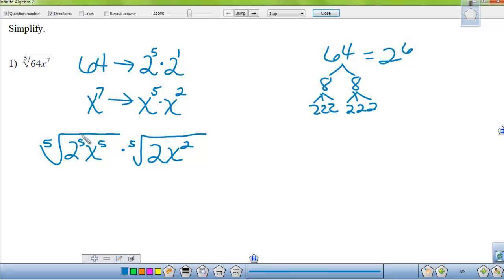Now, as you saw in the previous examples, you can just remove the 5s because the fifth root and these raised to the 5th power cancel each other out. And so your final answer will be 2x times the fifth root of 2x squared. I realize these take a little bit of practice, but hang in there because you can do these.